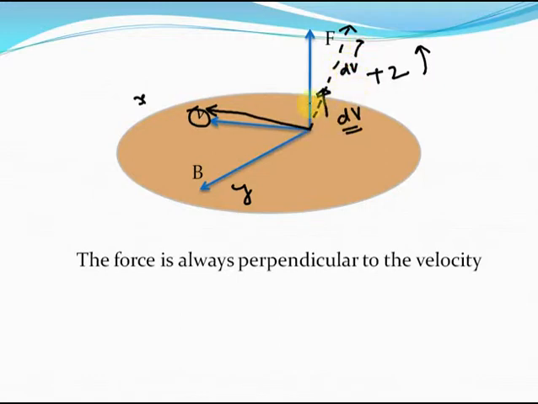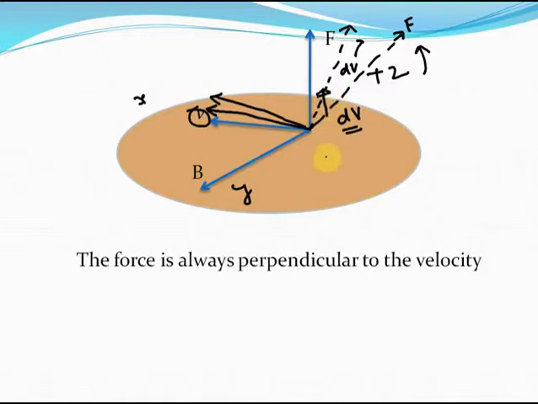But when it again tries to increase the velocity dv in this direction, the net velocity vector now comes like this. Similarly, now the magnetic force again acts perpendicular to the velocity, comes out in this direction. The point is that the magnetic force vector is always perpendicular to the velocity. So as the velocity changes its direction, the magnetic force also changes its direction.